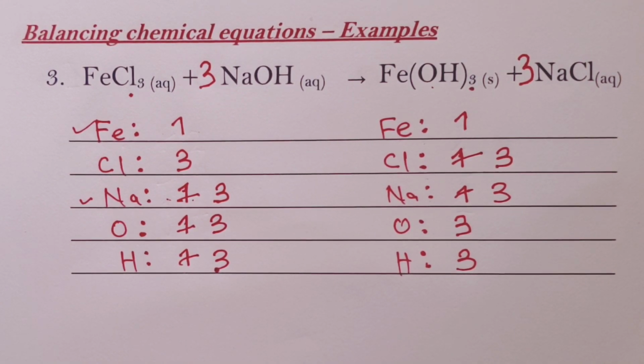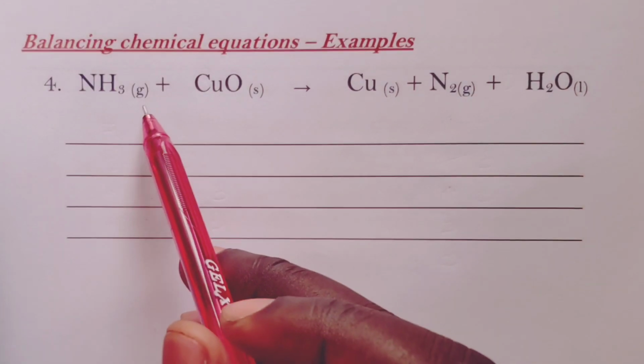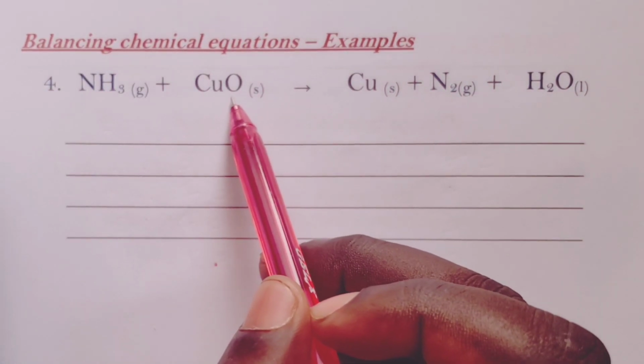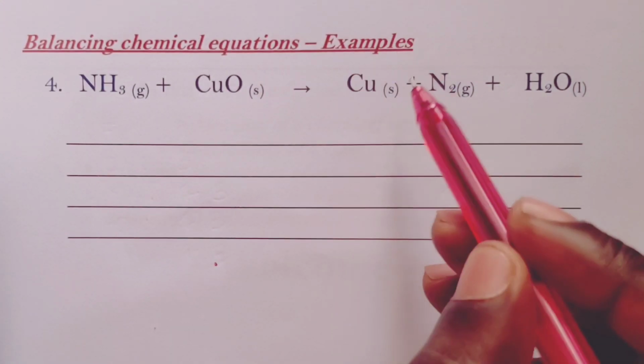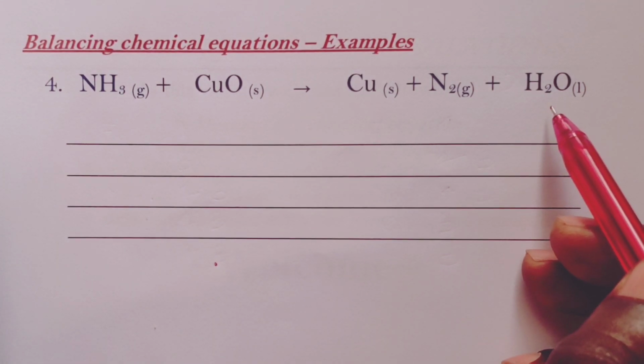Let's finally have a look at example 4. And dear learner, I believe these 4 examples are going to play a big role in helping you balance even the most complicated of chemical equations. Now to our 4th example: ammonia gas reducing copper 2 oxide solid to copper, nitrogen gas, and some water or steam.